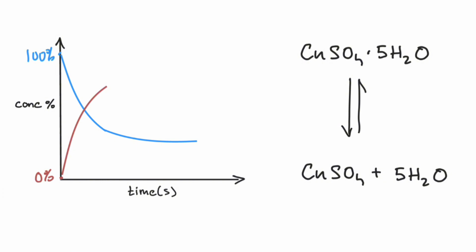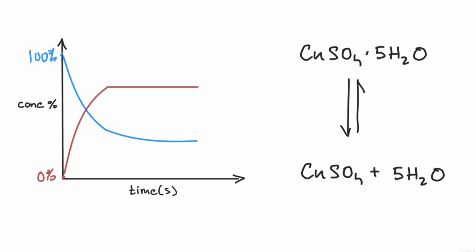And the same with the product. They will not reach 100%. So what's the point? If you draw lines for the irreversible process, you will expect that the concentration of the reactant will fall to 0% and the concentration of the product will reach 100%.